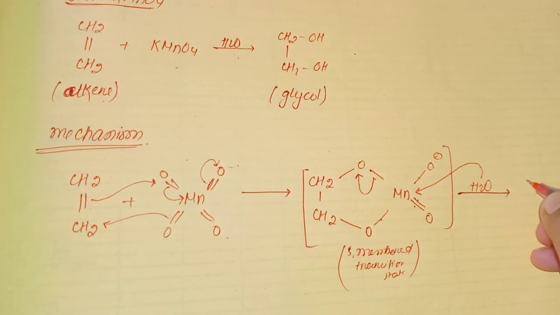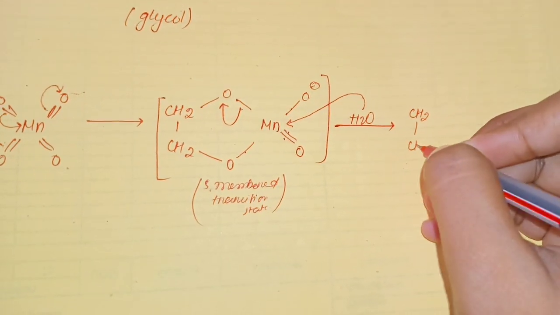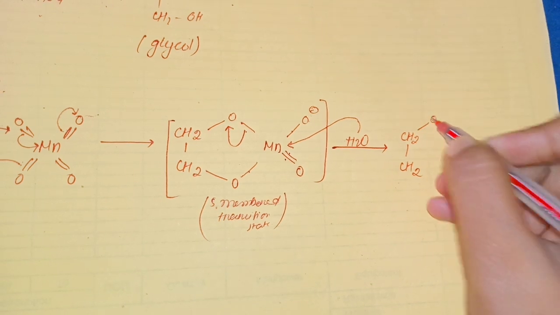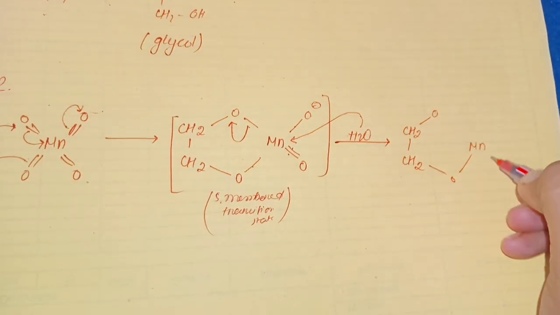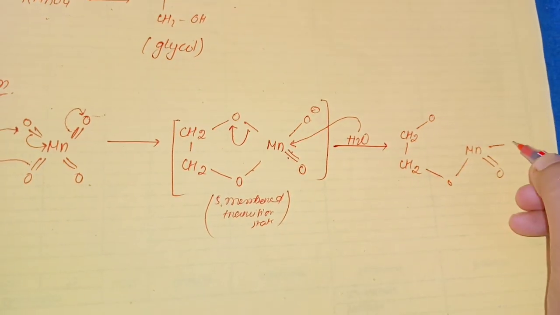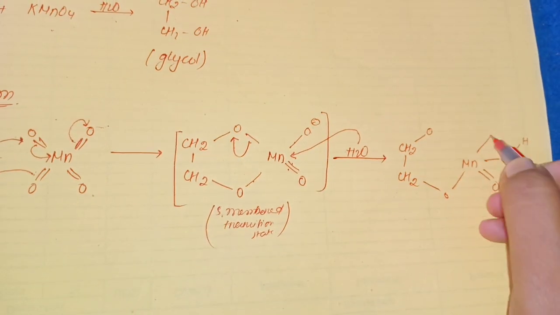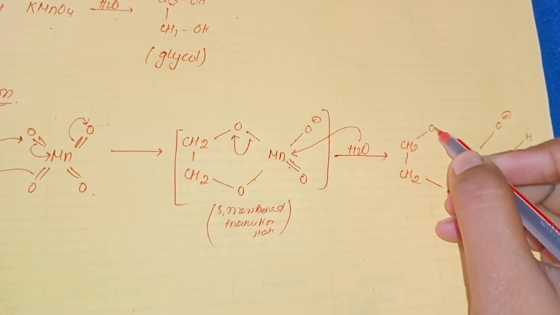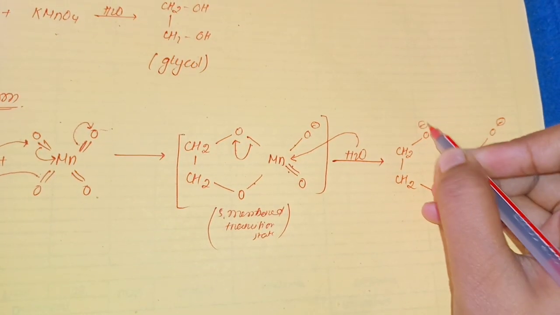So what we get is CH2 bond CH2, with O bonds, manganese with double bond O, and here water will add O, H and H. Here, as usual, O negative is continued, and the bond breaks down, so it becomes O negative.